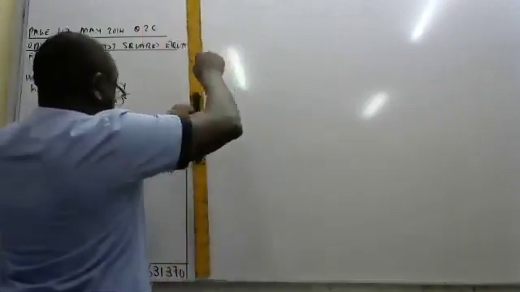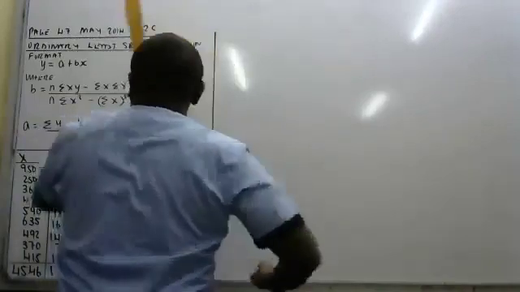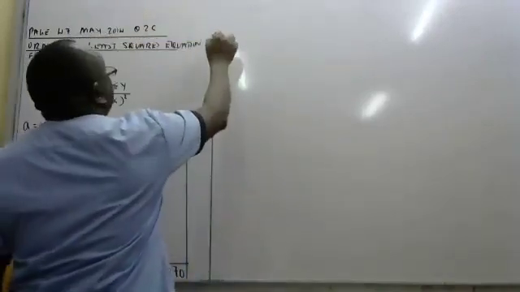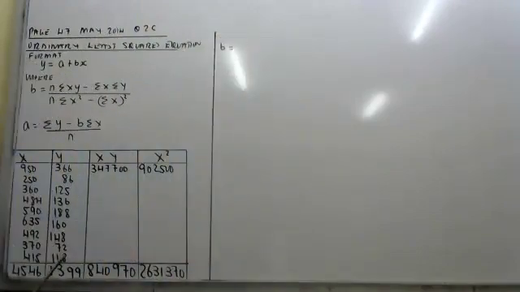Now from there, you proceed and tell us b equals, as per the formula. N is you count how many they are: 1, 2, 3, 4, 5, 6, 7, 8, 9.